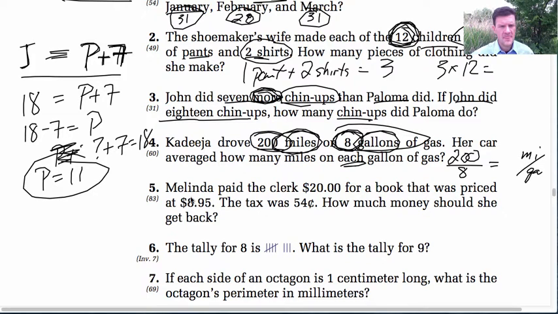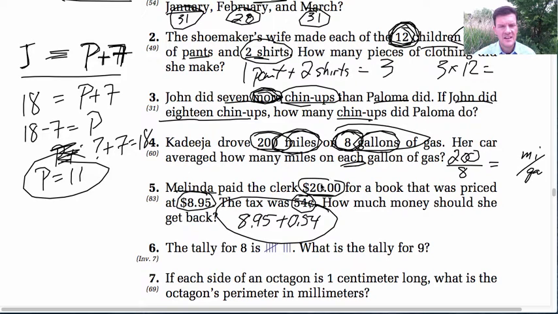Okay? Melinda paid the clerk $20 for a book that was priced at $8.95. The tax was 54 cents. So $8.95 plus 54 cents is what she is going to pay the clerk. But she doesn't have that exact amount, so she gives the person a $20 bill.